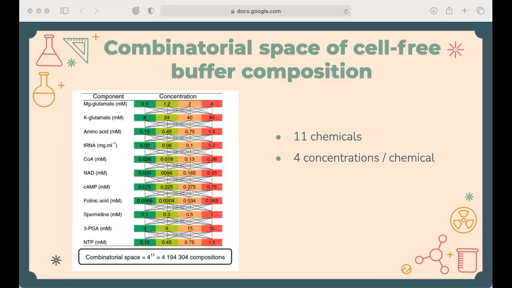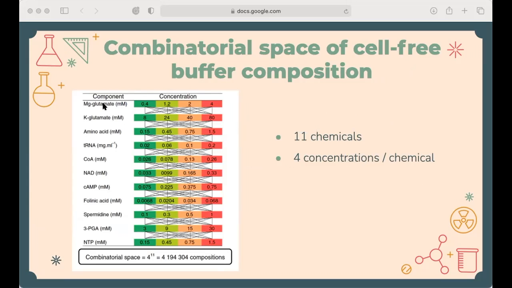First, I want to discuss the search space of cell-free buffer composition. As we just mentioned, the goal is to optimize buffer composition to maximize protein production. Inside of the buffer solution, there are 11 chemicals. 4 concentrations have been chosen for each chemical.